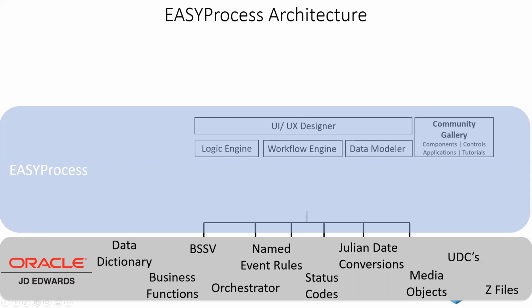We also have a gallery, and a gallery is a place where we store components, parts of applications, screens, completed applications, tutorials. So beyond our training, there's a place where people can share components and share data, share information about building applications, as well as the license pieces we have.